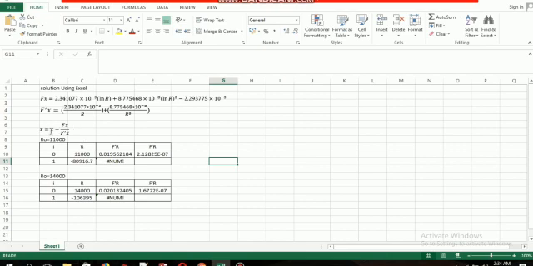So this is the value of x: x equals x minus f(x) over f'(x). As you can see, this is the Newton-Raphson method that I already did.